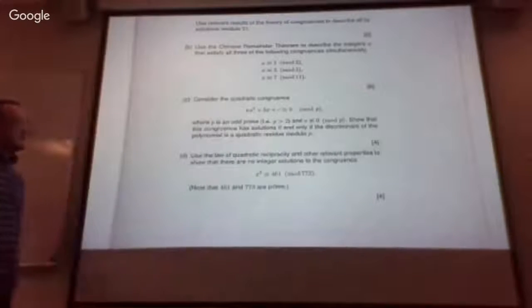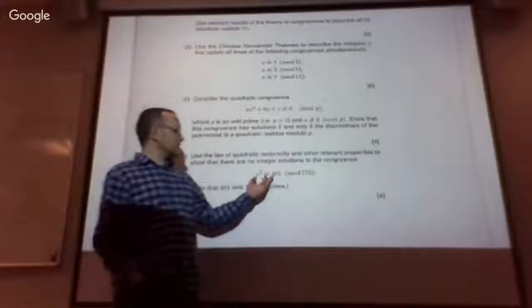And then part D is basically evaluating a Legendre symbol to work out if 461 is a quadratic residue modulo 773, and to show how the various properties of the Legendre symbol combine to enable you to solve questions like this.